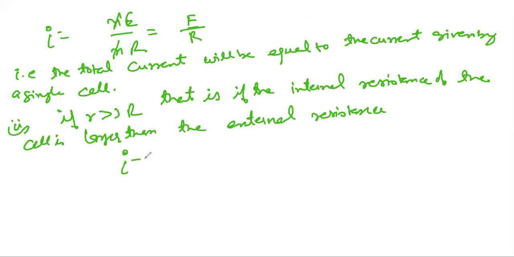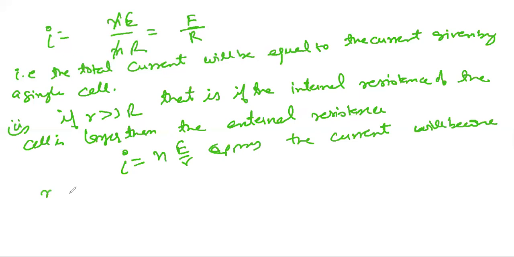I is equal to nE divided by r approximately. The current will become n times. Have you followed? Yes, sir.